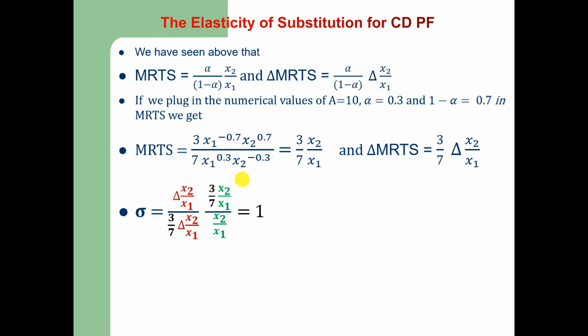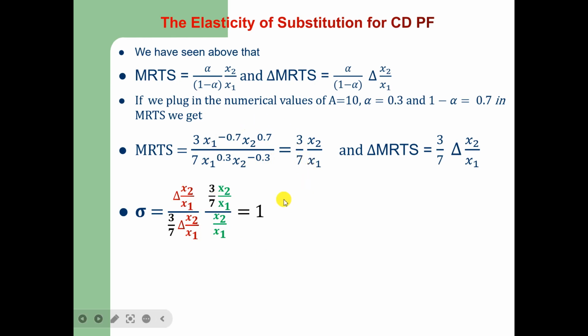Similarly, this 3 divided by 7 in the numerator will cancel out with this 3 by 7 in the denominator, and this input ratio of x2 to x1 will cancel out with this input ratio of x2 to x1 in the denominator.